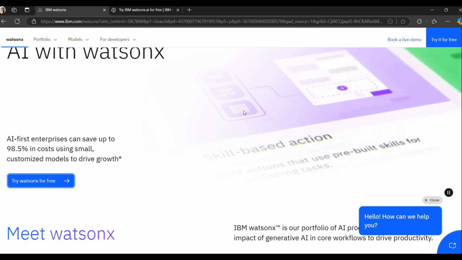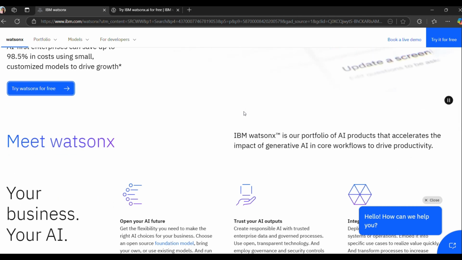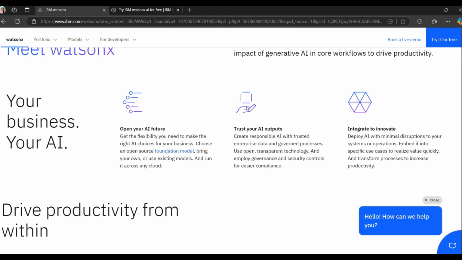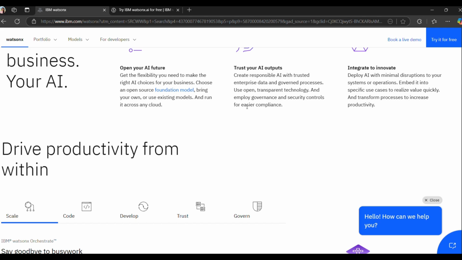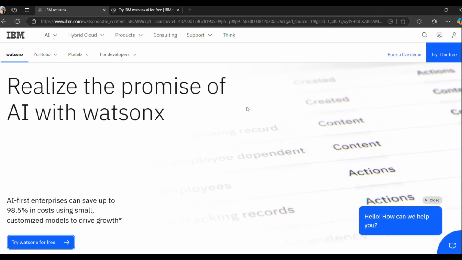It analyzes medical data and provides insights to help doctors make better decisions. You can learn more about Watson Health at their website. These global applications show how AI is revolutionizing healthcare, making it more efficient, accurate, and patient centered.